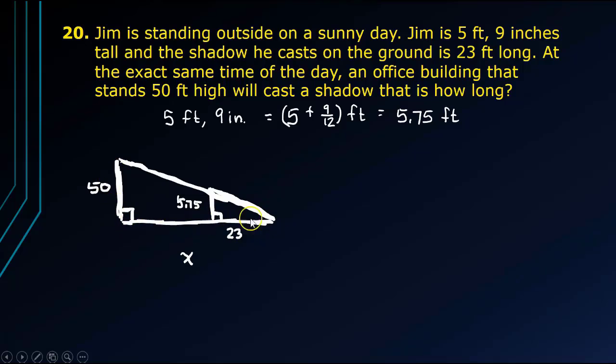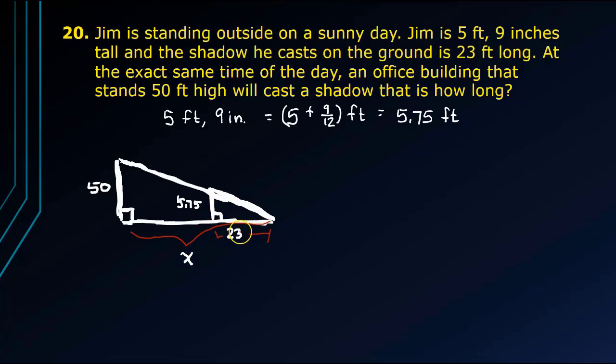X represents this entire distance, while 23 represents just this distance right here. They are similar triangles: they have right angles, and they share this angle, which means that this angle here and this angle here should be the same. They're similar.